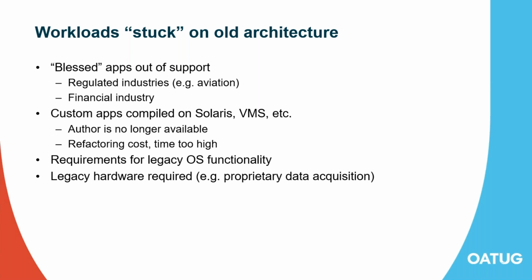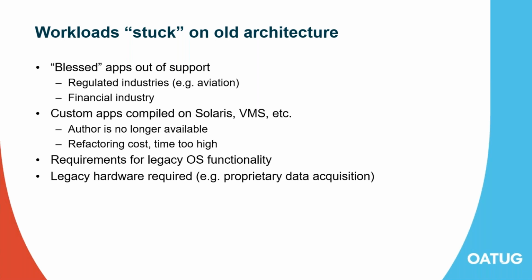Things in the financial industries: there are a lot of customized apps that were compiled on Solaris and VMS, and a lot of the authors of these apps have since retired or are no longer available. To rewrite this code is going to take a lot of time and be very expensive. And sometimes there are reasons, like having to keep old information for 7 years.